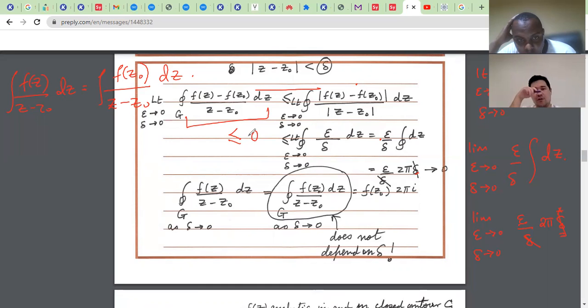It says the integral over the contour G as delta approaches 0 does not depend on delta.